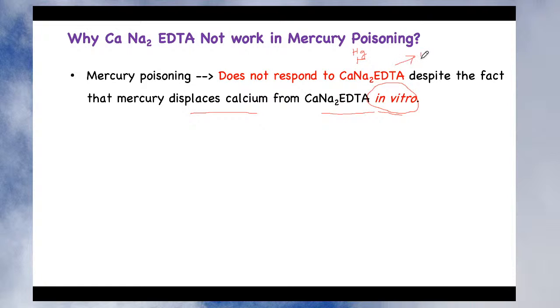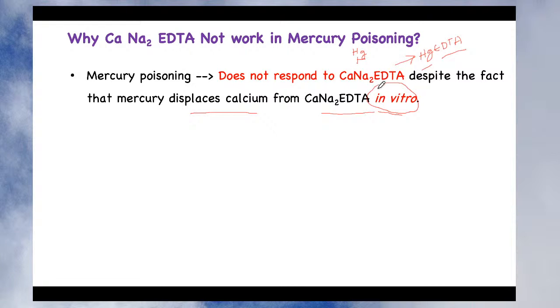Since it replaces the calcium, it quickly forms the Hg EDTA complex. It will also replace the sodium, so there will be more chelation between mercury and EDTA.